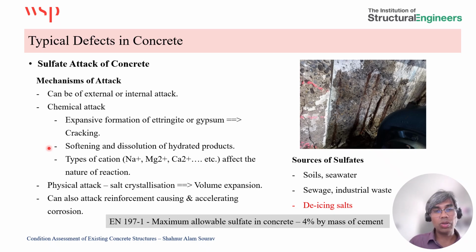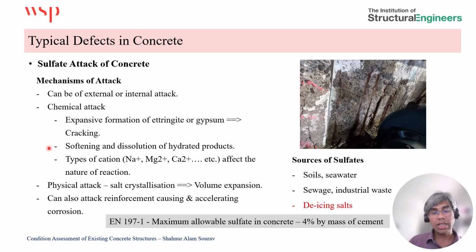This process of sulfate attack can also lead to softening or dissolution of any hydrated product. The type of cation that comes with the sulfate, whether it is sodium sulfate, magnesium sulfate, or calcium sulfate, can affect the nature of the reaction that will occur within the concrete.